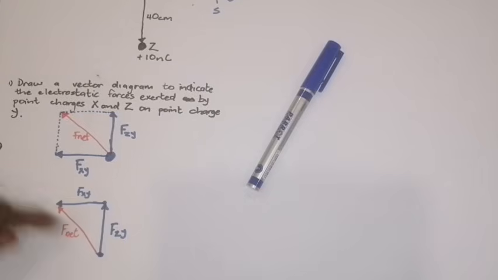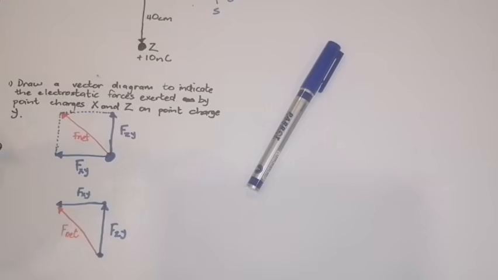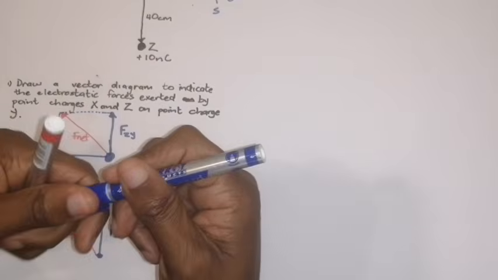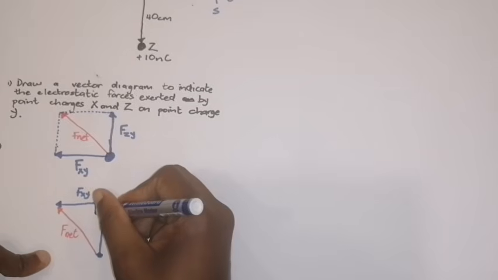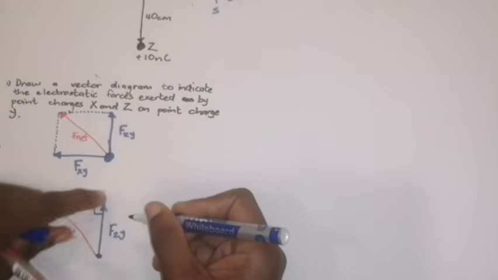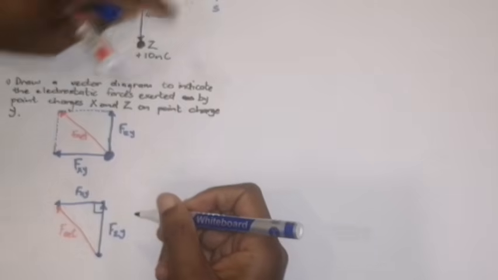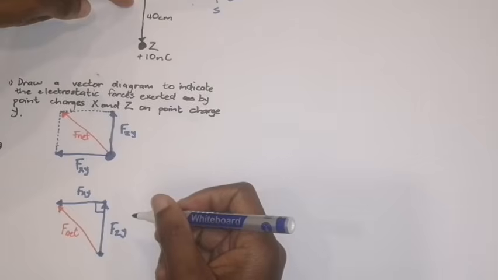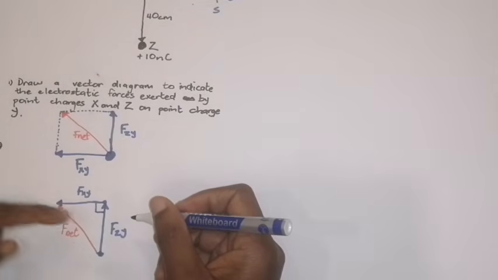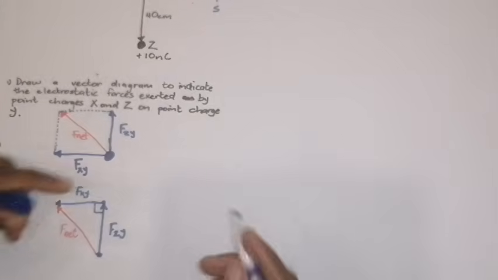So that is how you would draw the net force. In this case, this one looks a little bit neater. And then we know that it's a 90-degree angle between FZY and FXY. The one is to the north and the other one is to the west. North and west are at 90 degrees to each other. So that's a 90-degree angle there.